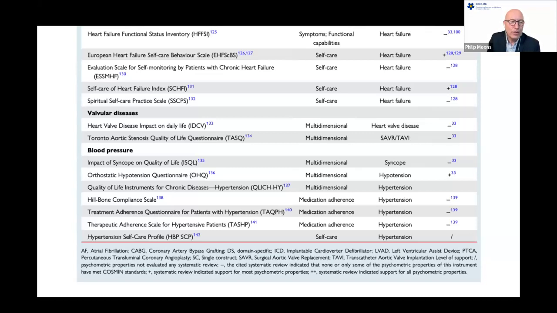So I clearly want to recommend all of you to have a look at this list and see, are there certain questionnaires, certain patient-reported outcome questionnaires that could be helpful. For sure, and this was touched upon by John as well, not every questionnaire is as valuable.